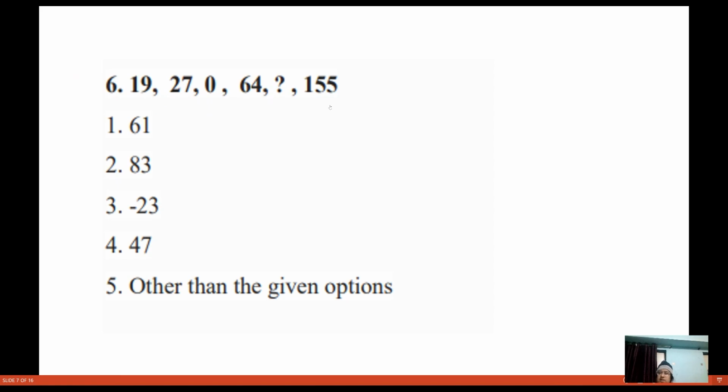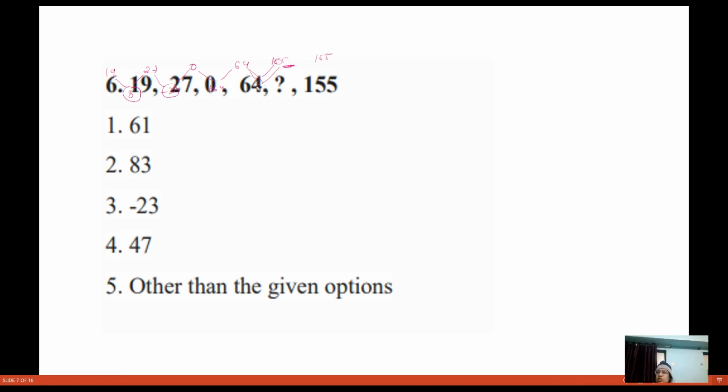So what is our logic here? We took the series 19, 27, 0, 64 and 155. We calculated the difference. This difference came to be 8. This difference came to be minus 27. This difference came to be plus 64. And this difference came to be how much? This was an empty place that we had to find, and this was 155.